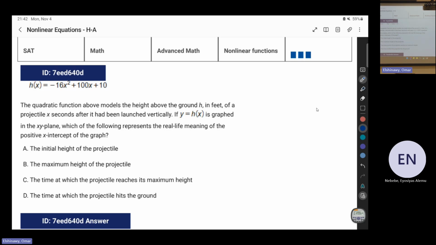Would you like to share with us your ideas? Okay, because it's the ground. It hits the ground, so it reaches x. Can you be more precise?